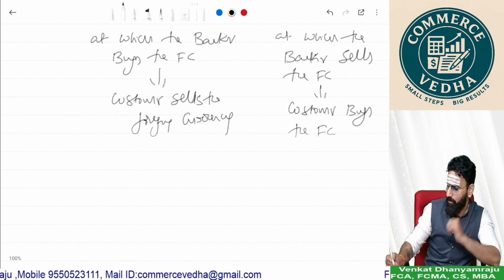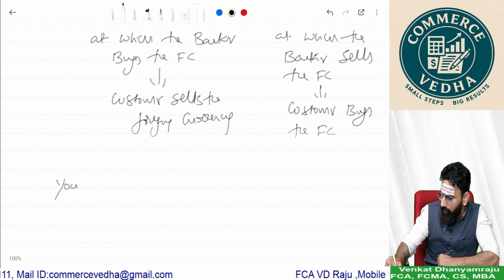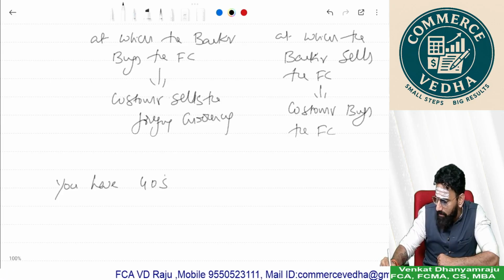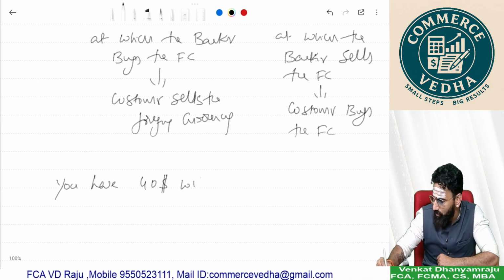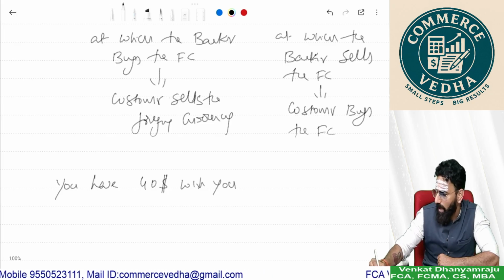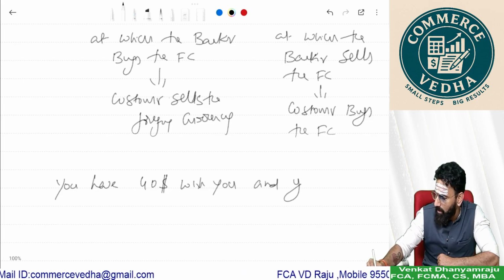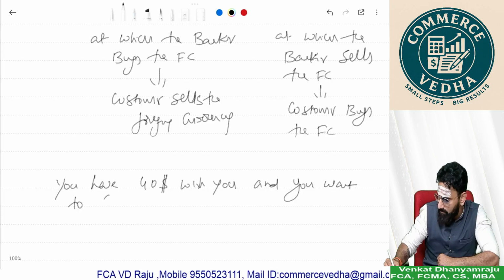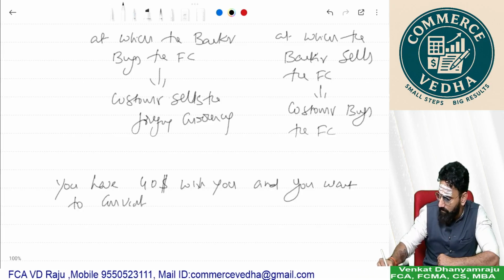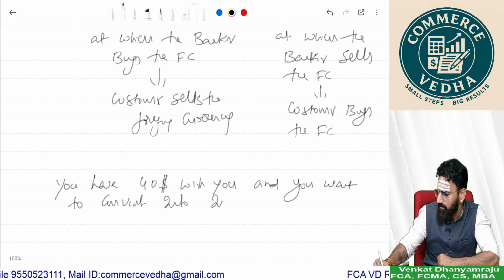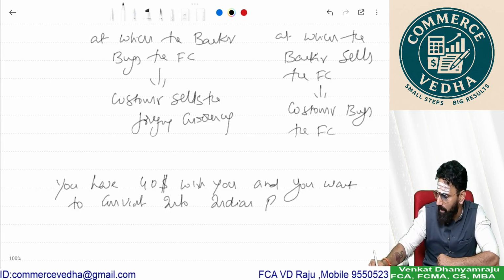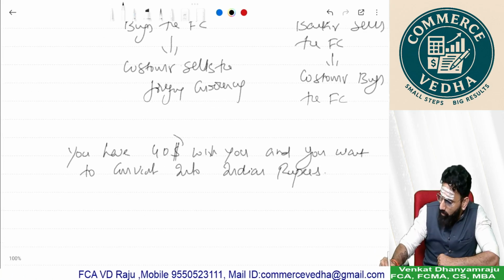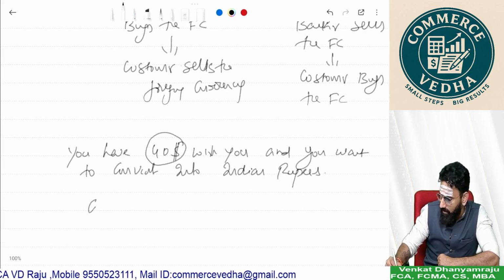Say suppose you have $40 with you and you want to convert it into Indian rupees. It means, customer means you.